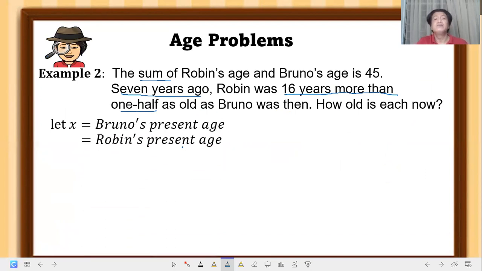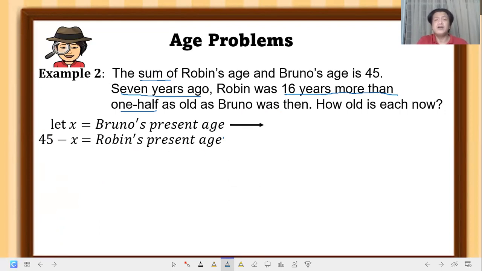At si Robin's present age naman, let 45 minus x. Okay? Kasi nga the word 7 years ago. Okay? So 45 minus x. That is how to represent Bruno's age.